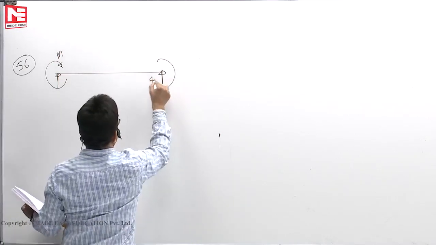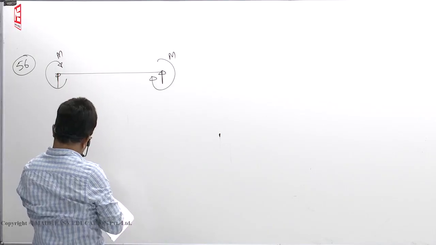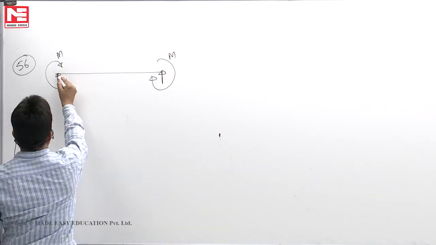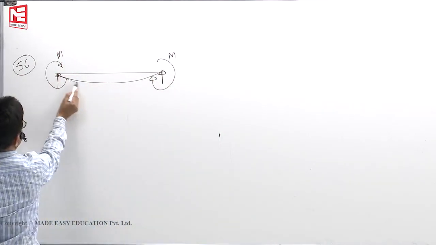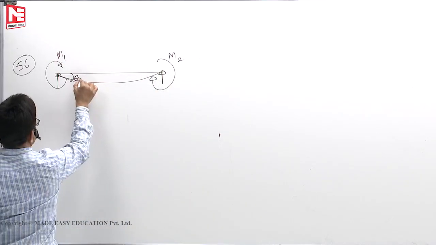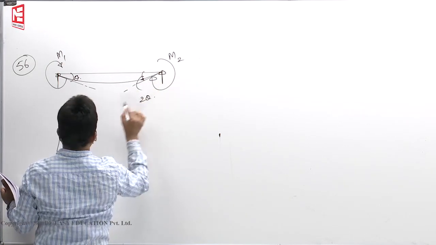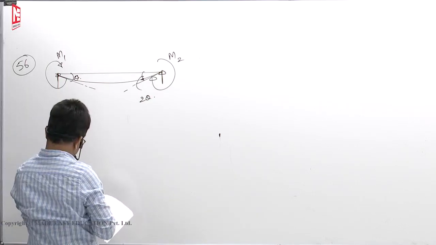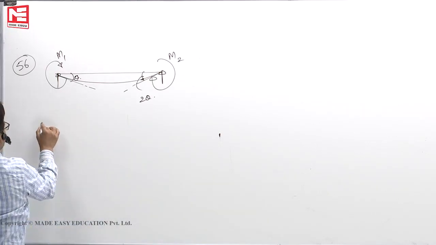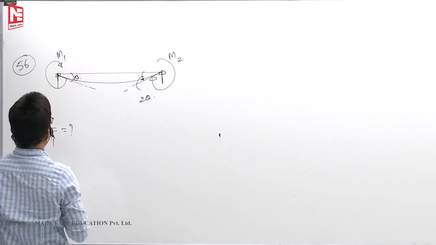M. Moments are applied at both ends of a simply supported beam. If the ratio of the rotation of the two ends is 2, that means this is M1, M2 you have to take. If this is theta, this is 2 theta, let us say. Then the ratio of the applied moments will be, so M2 by M1 we can take, theta, 2 theta.